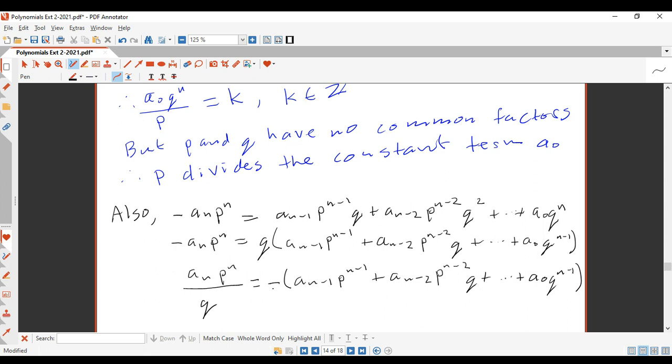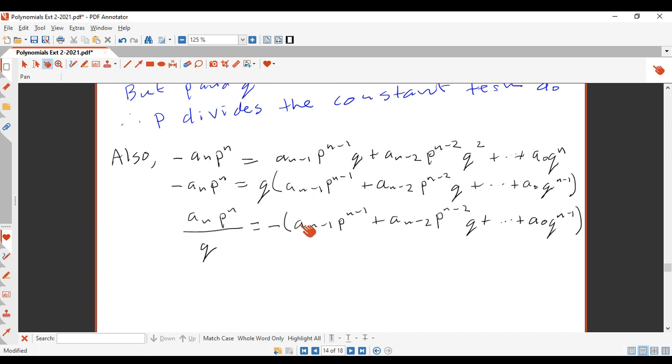There we go. Now we know that the right-hand side, this is all integers, isn't it? The coefficients are all integers. p is an integer, q is an integer. So the right-hand side is just an integer. So we'll say therefore a n p to the n divided by q is equal to some integer. Doesn't matter what you call it. Let's call it m, where m is an element of the integers.